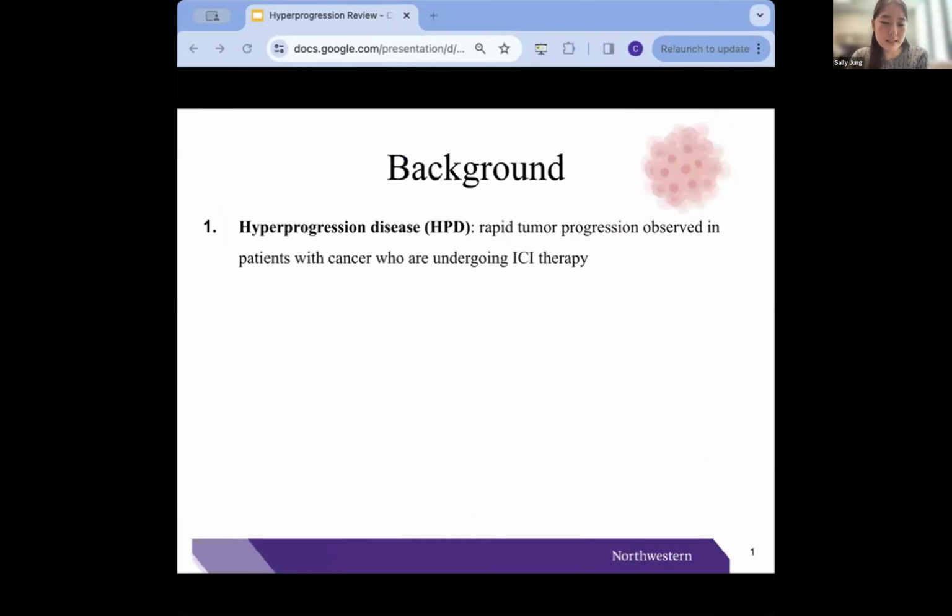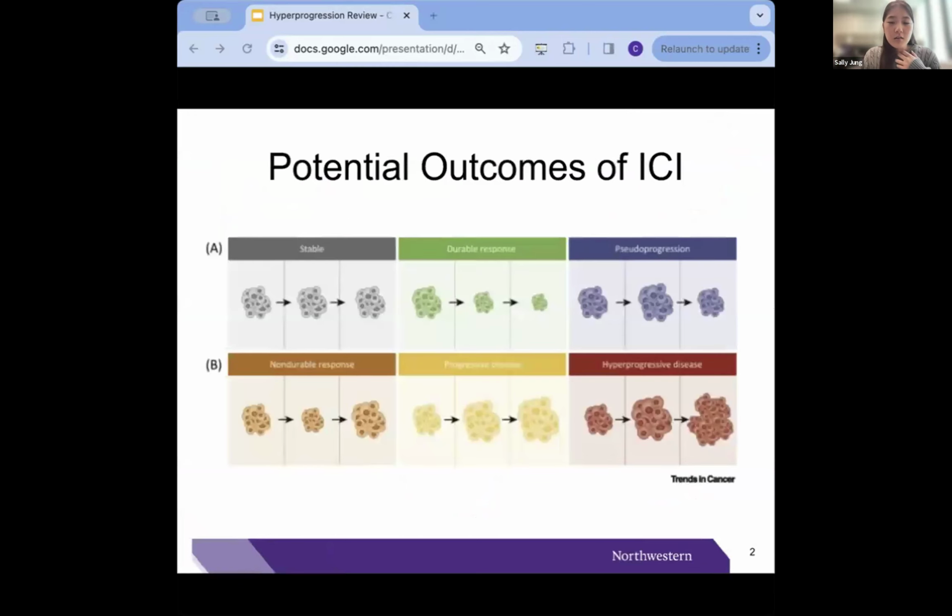So just a quick background once again, hyperprogression is a tumor response in which the existing underlying tumor grows rapidly after initiating treatment with an immune checkpoint inhibitor. So for immune checkpoint inhibitors, these are the potential outcomes.